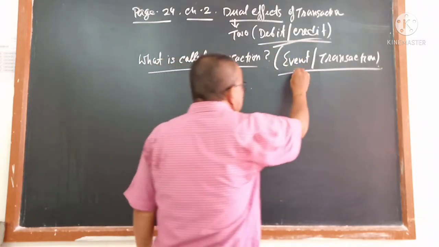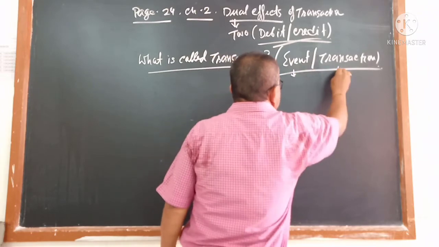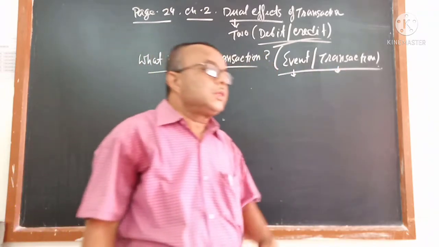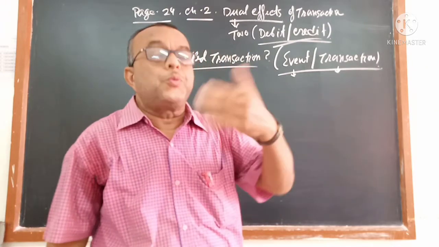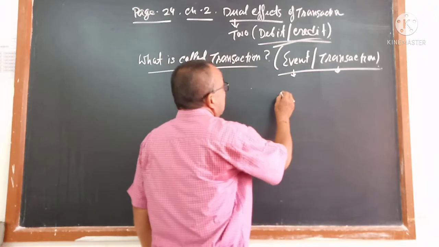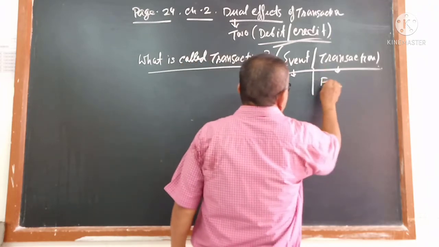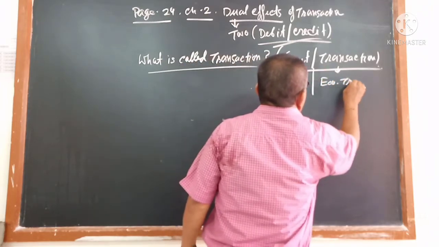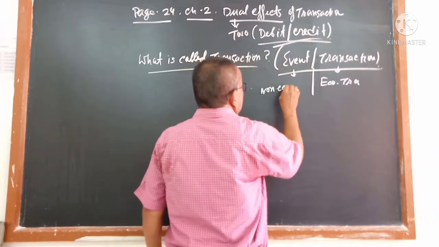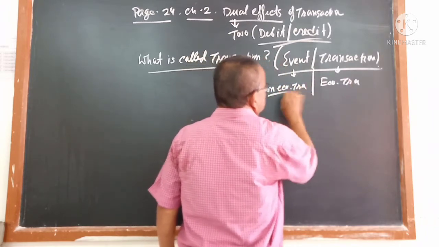So this event and these transactions, when an economics teacher tells you, will also be explained from the viewpoint of the economics subject. There it is called economic transactions, and this is called non-economic transactions.